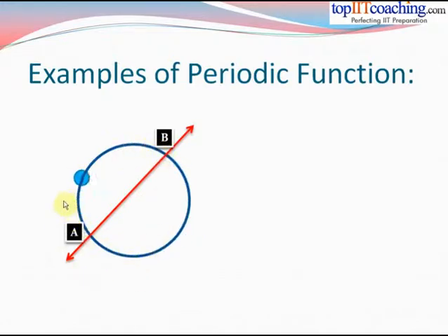So finding the location of this particle at any moment is a periodic function because we see that it is moving in a circle and also after a fixed time this particle again crosses this position A. Similarly, this particle again crosses the B after a fixed time. This fixed time is the period of this function, that is finding the location of particle at any instant.